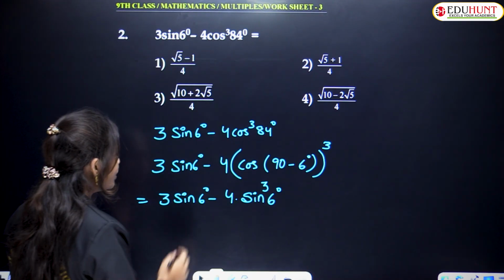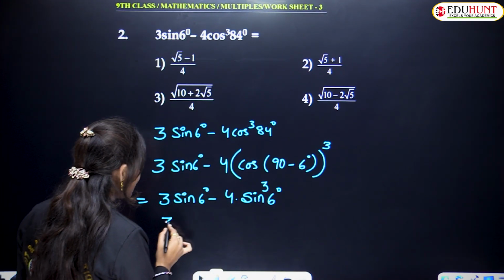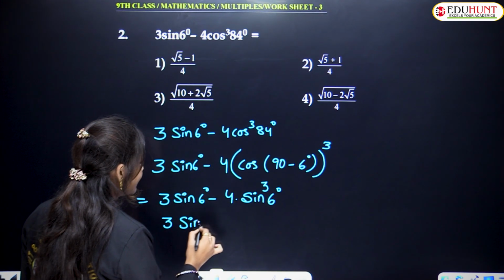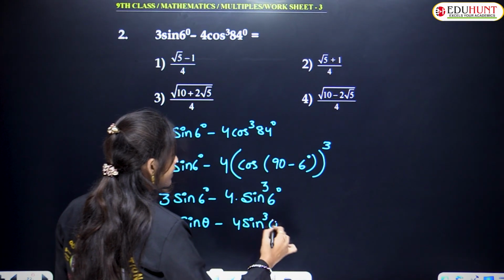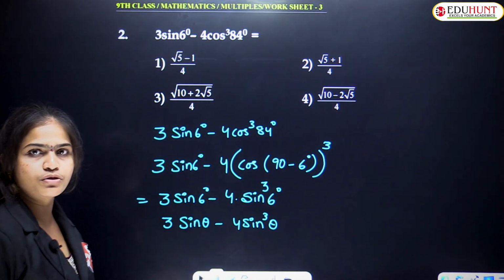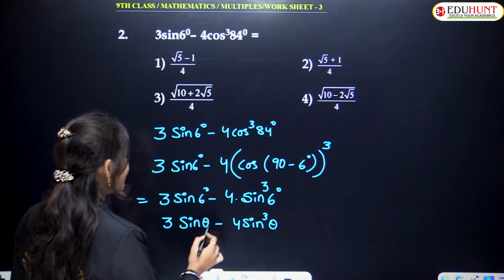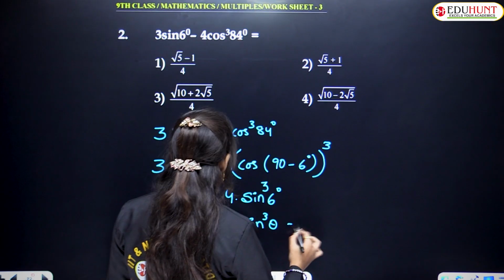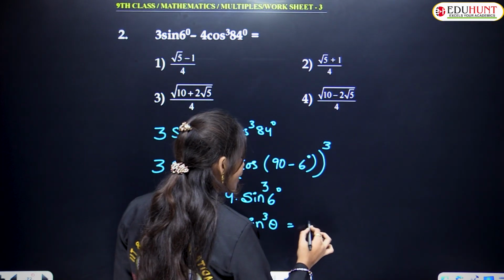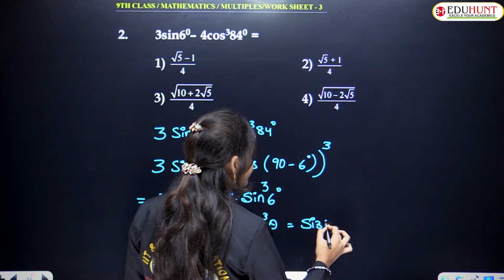Okay. So, when you observe this one, see children, here this is in the form of 3 sin theta minus 4 sin cube theta. In the same form only, just compare those two. Now, here at the place of theta, here we are having that 6. So, which is equals to, here this is the formula of sin 3 theta.